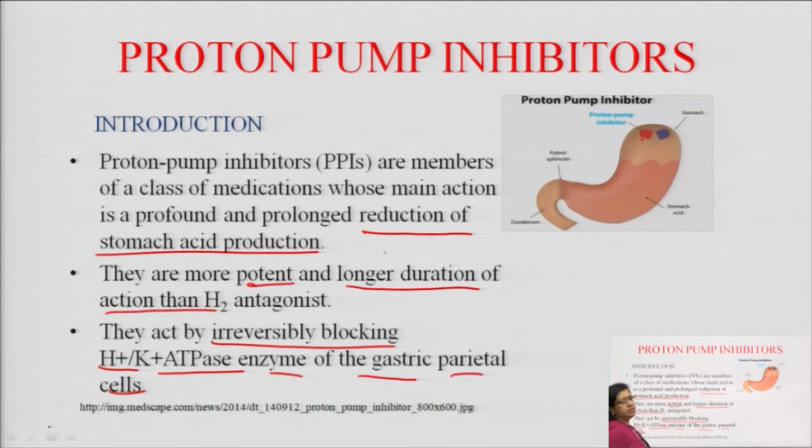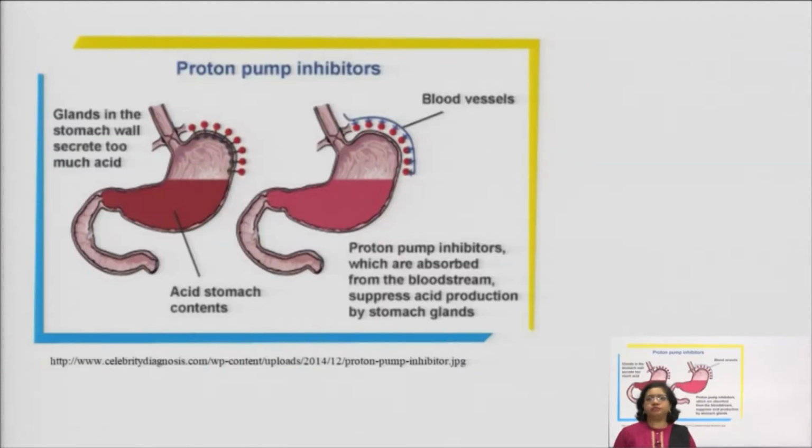Here you see the structure of the stomach, with the acid content in the stomach. There are glands in the stomach wall which secrete too much acid. Proton pump inhibitors are absorbed from the blood stream and suppress acid production by the stomach glands.